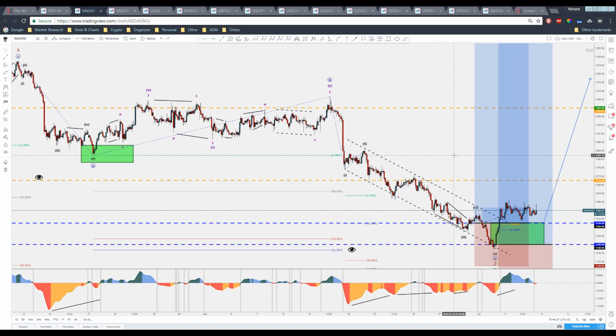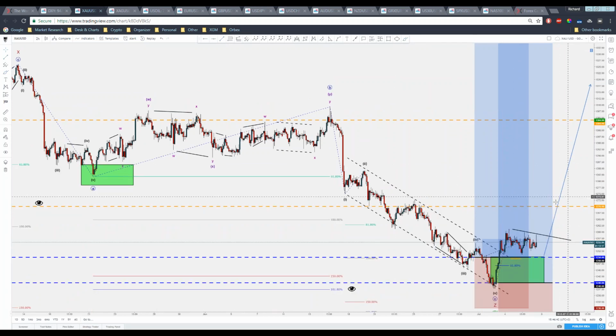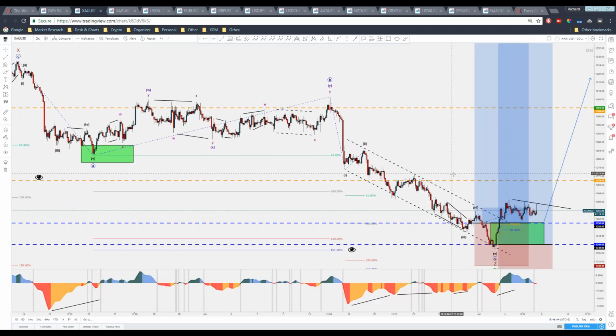XAU pretty much looks like it's waiting for something, right? So this is what could happen. You just need to take a look at these tops, and it's practically waiting for a big correction.